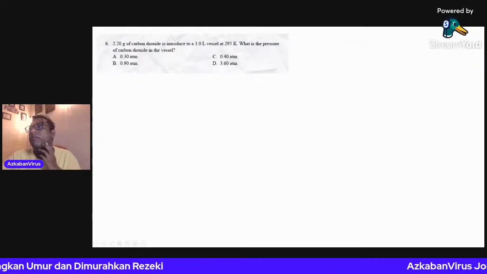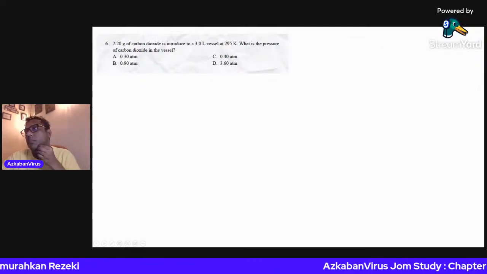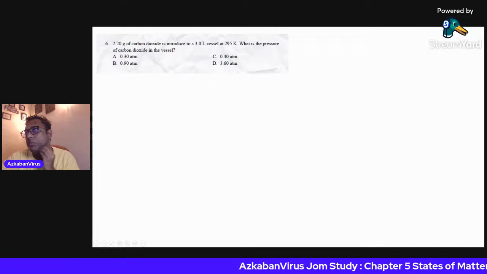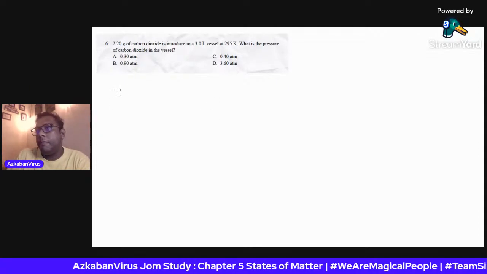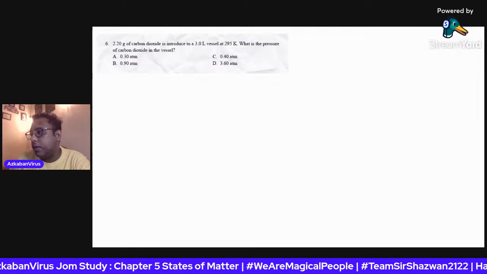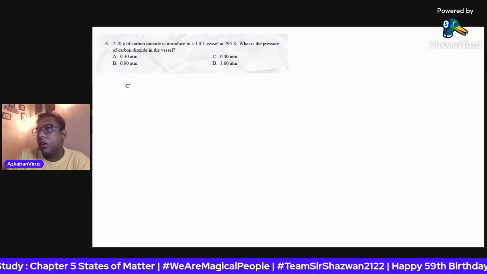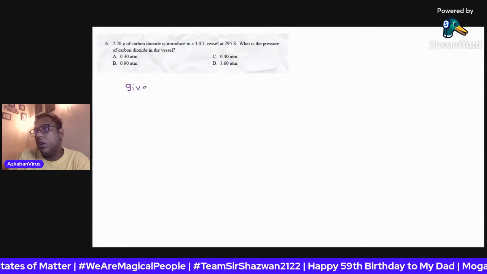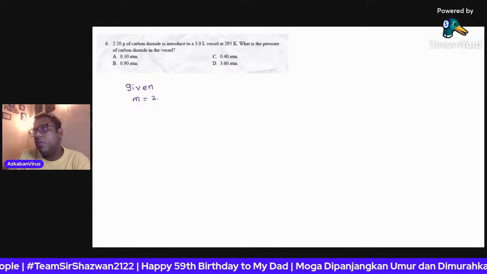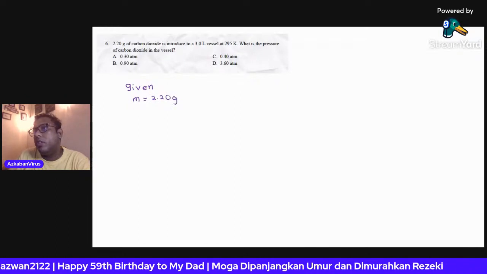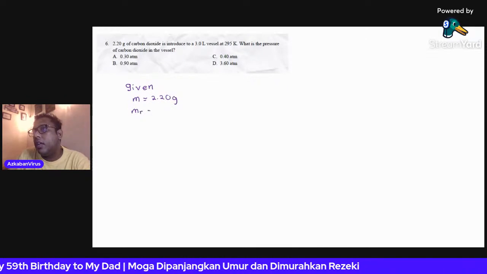Next one. We were given 2.2 gram of CO2. Maksud molar mass dia adalah 44 gram per mole.